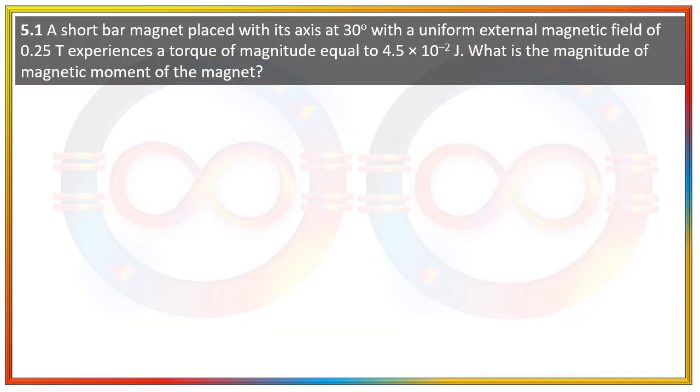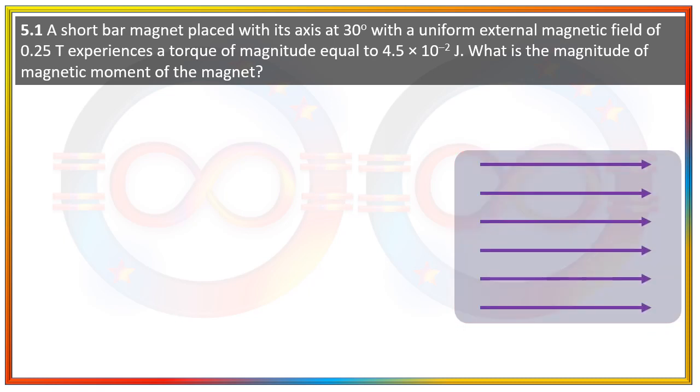Question number 1 is saying that there is a short bar magnet which is placed at an angle 30 degree with its axis in an external magnetic field. The strength of field is 0.25 Tesla and it is experiencing a torque tau equal to 4.5 into 10 raised to minus 2 joule.